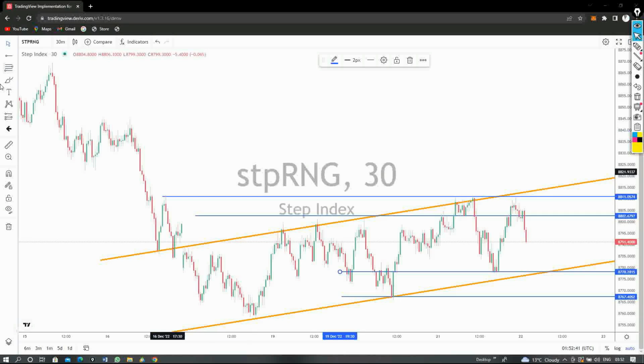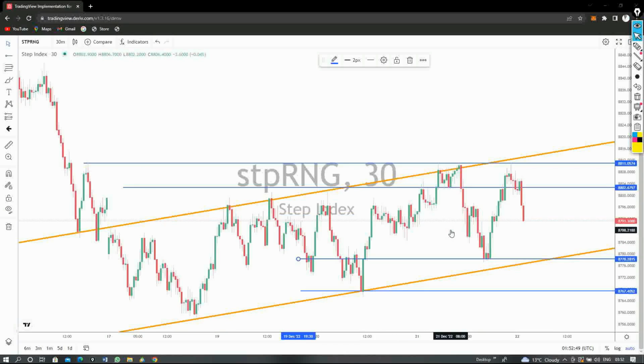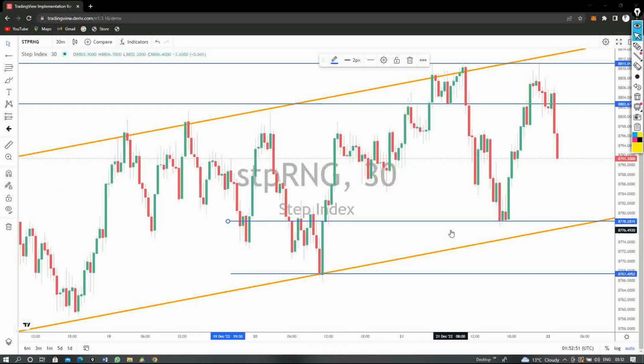So right now, because we have our resistance and we have our support, we are gonna look at the candlesticks. The candlesticks must tell us a story of where the market is going. I'm thinking the market is gonna go down and then break this level.